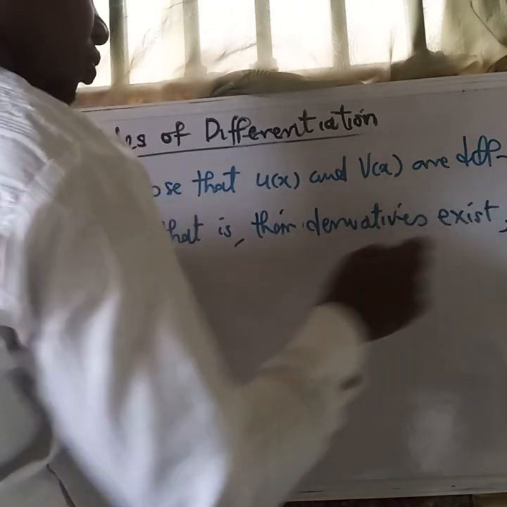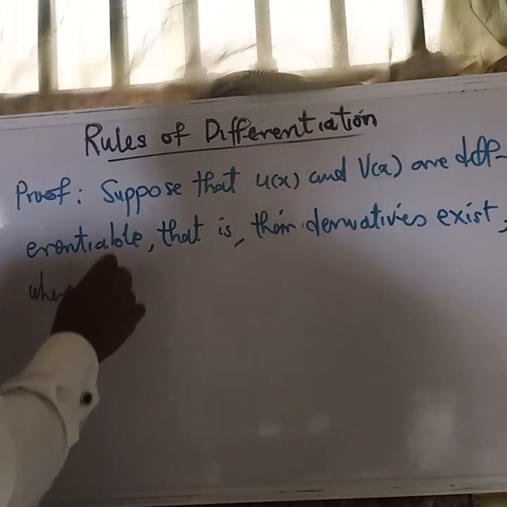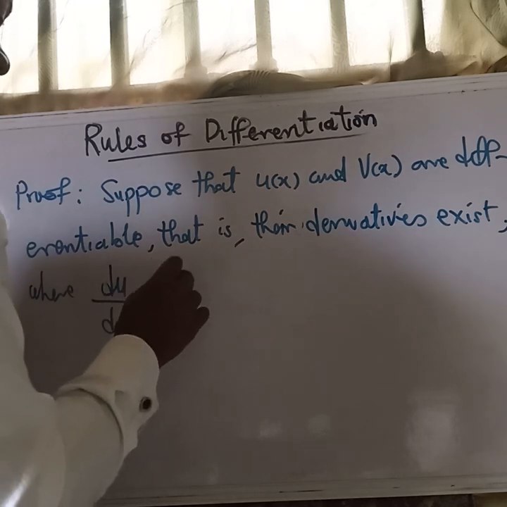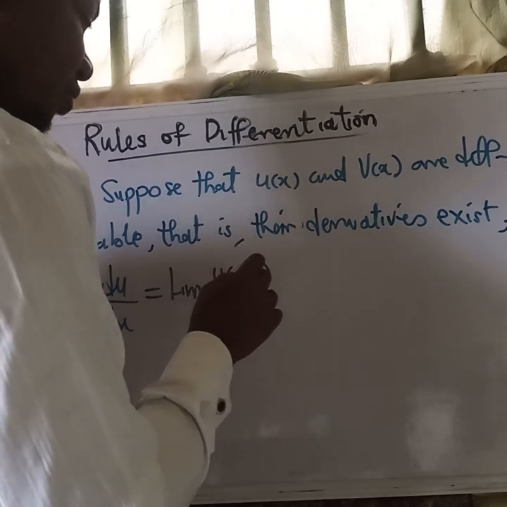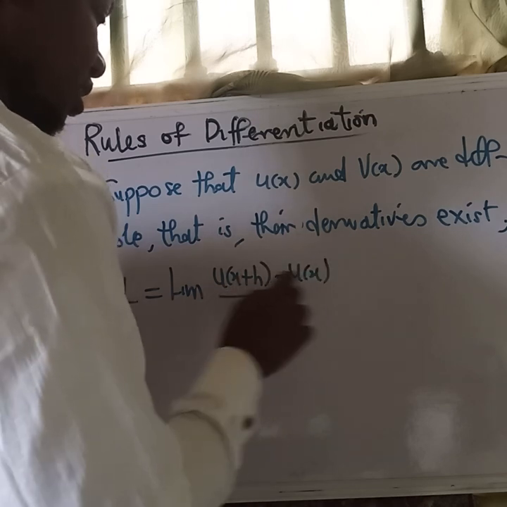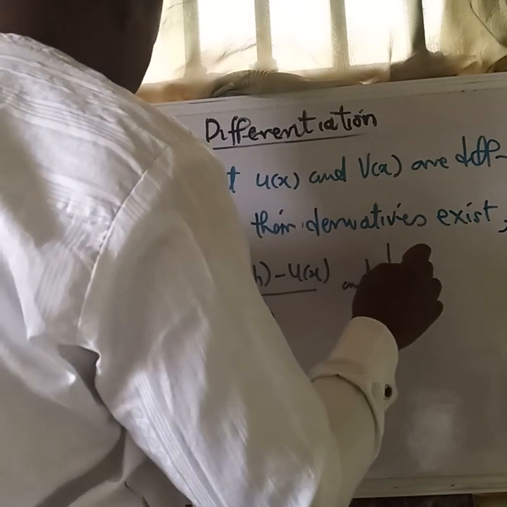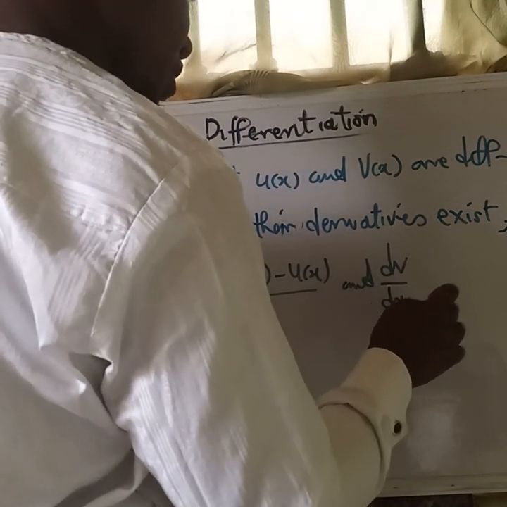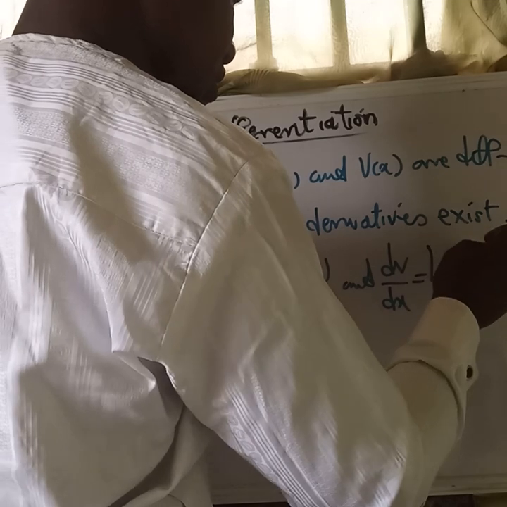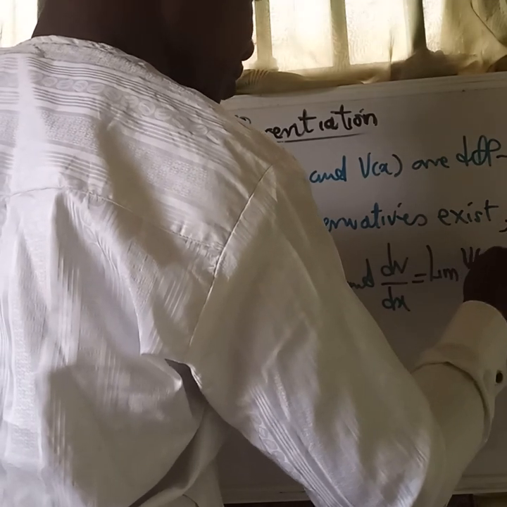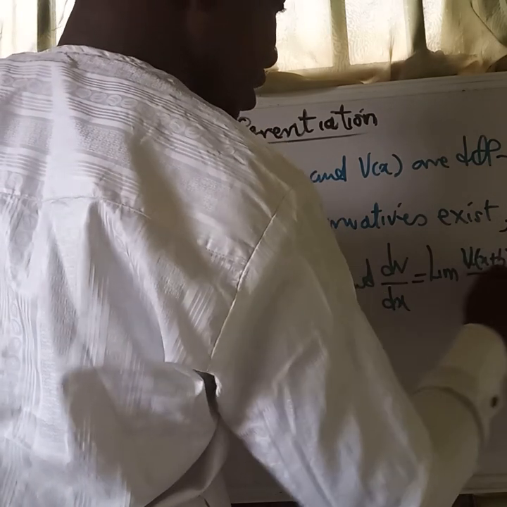Okay. So by the previous definition, if the derivative of u of x exists, what it means is that du/dx is equal to the limit as h tends to 0 of u of x plus h minus u of x, divided by h, and dv/dx is the limit of v of x plus h minus v of x, divided by h.